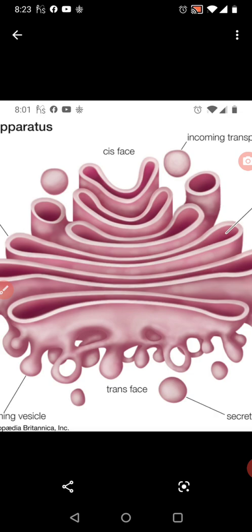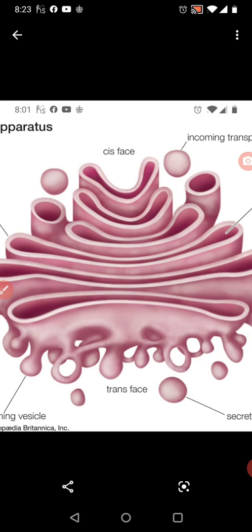Cisternae are flattened sac-like structures, folded and parallelly arranged. Vesicles mainly include enzymes, proteins and so on, and vacuoles are sac-like structures. Together they make the Golgi apparatus. It has two faces, one is the cis face and the second is the trans face. The cis face is towards the nucleus, and the trans face is towards the plasma membrane.